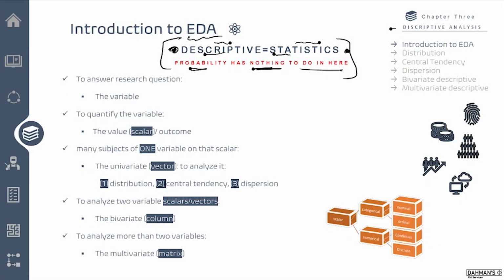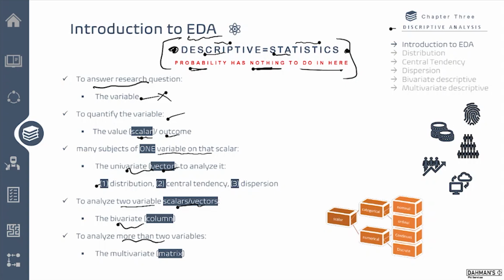That's exactly what I have listed down here, that to answer such a question, you need a variable, right, which we call the x. And to quantify the variable, you need to define a scalar or the outcome or the value. And many subjects of one variable is called the univariate vector analysis. You can use distribution, central tendency, or dispersion. And to analyze two variables on the scalar or the vector they have, this is what's called the bivariate or the column analysis.